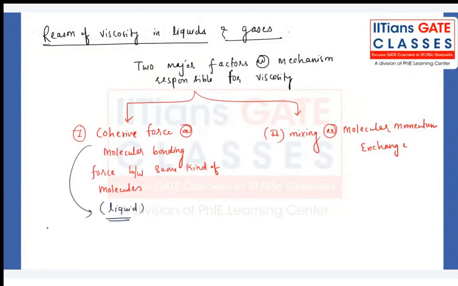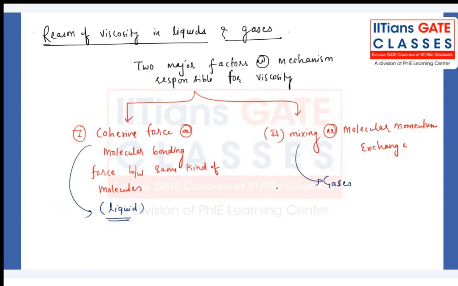For the liquid, the major factor responsible for the viscosity is nothing but cohesive force. In case of gases, this is basically responsible. Don't think that in liquid only cohesive force is there and there is no momentum exchange. But out of these two, the accurate reason responsible for viscosity in liquids is cohesive force between the liquid molecules, right?